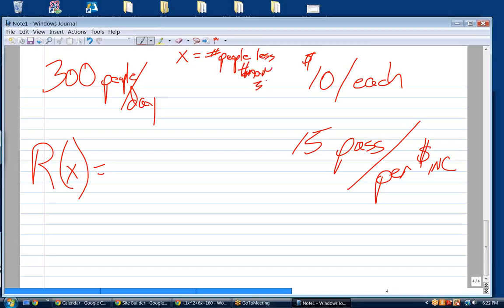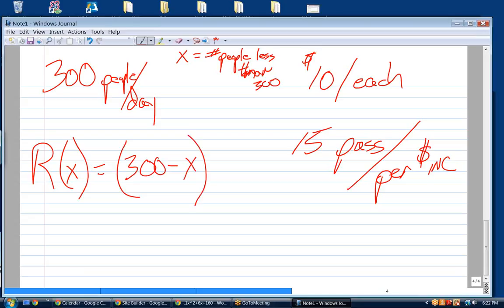In other words, if x is 1, then the ferry is going to take 299 people. If x is 10, the ferry will take 290 people. It's like the reverse, right? So the total number of people that we're going to transport is going to be 300 minus x. There's one factor.